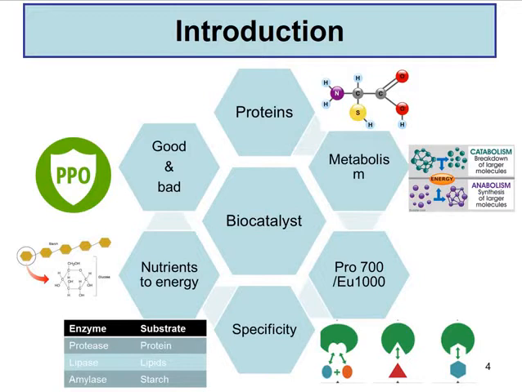But in those instances, there's the good ones whereby it helps us in terms of the processes, but there's also the bad ones that we also need to control. I'll just make an example of polyphenol oxidase, which is a class of what we call oxidoreductases. We'll talk about that later. They catalyze oxidation reduction reactions in the presence of oxygen.